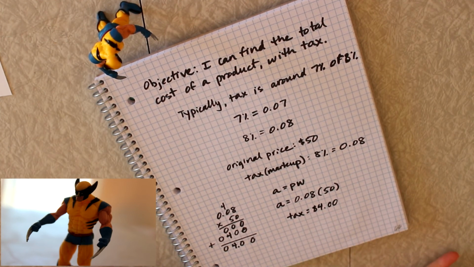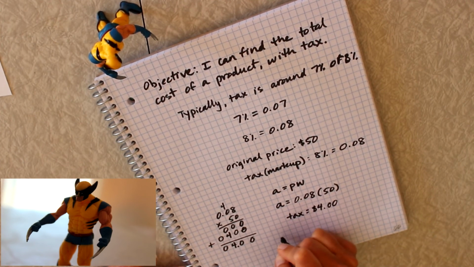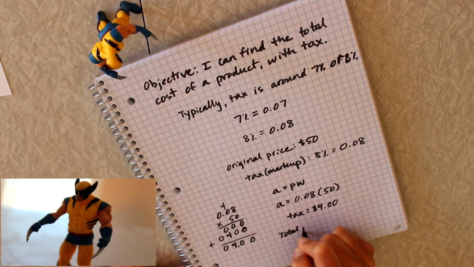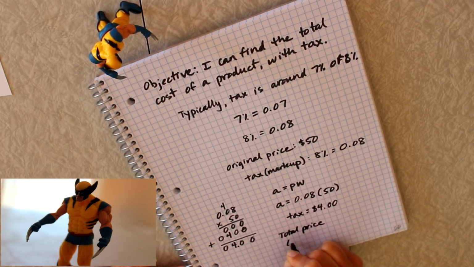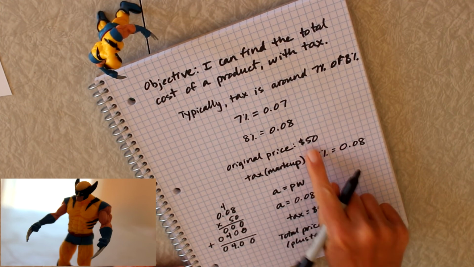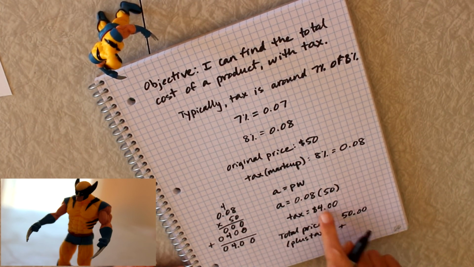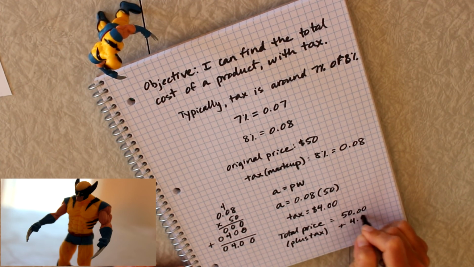But we're not done. Just like when we were finding if a product was marked up 20%, we have to add whatever that amount is to our original price in order to get our final price. So our total price, and this is again plus tax, is going to be $50, that original price, and I'll go ahead and add the 2 decimals, plus $4.